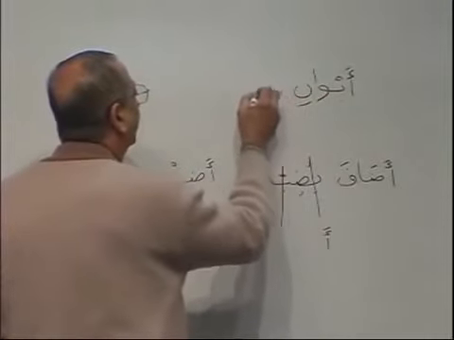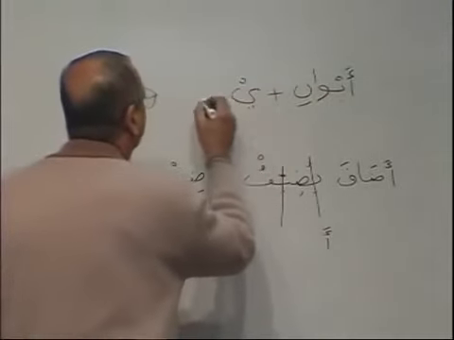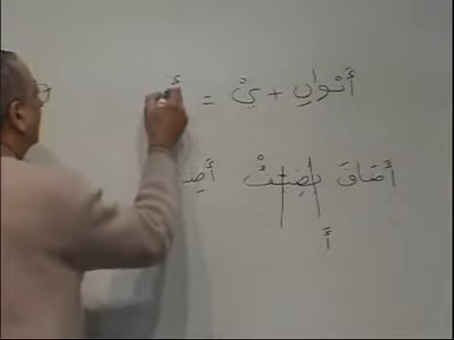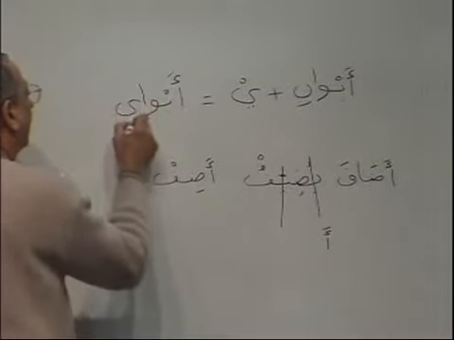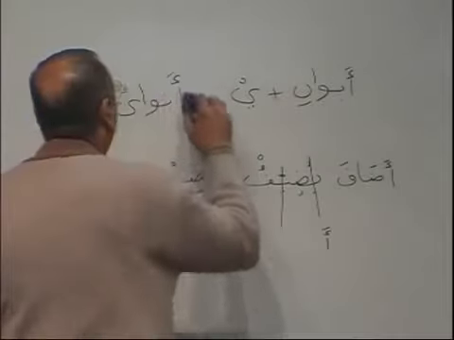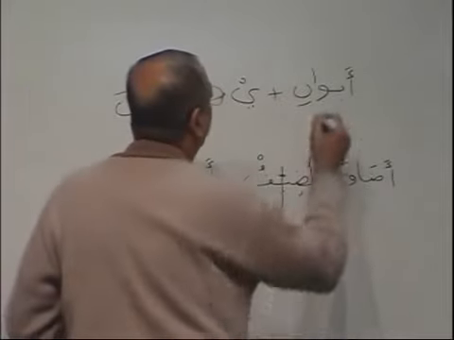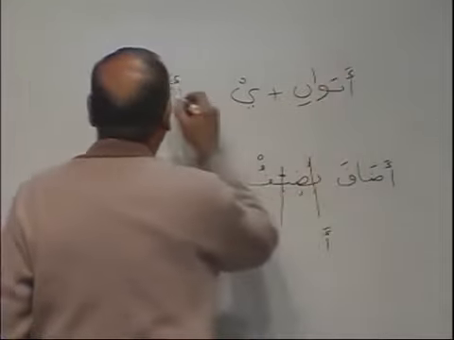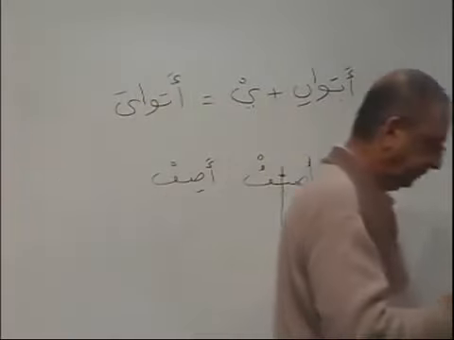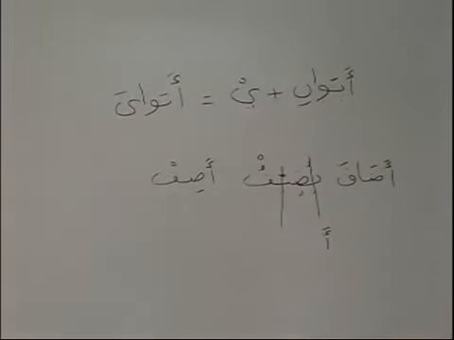Abwa Ya. I will write down, brothers and sisters. Abwani plus Ya is equal to Abawaya. It is abawaya. Fatah on ba. Now, Sister Nasreen, Ainani hiya.